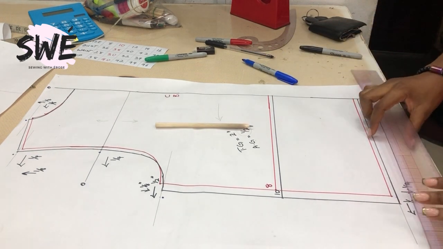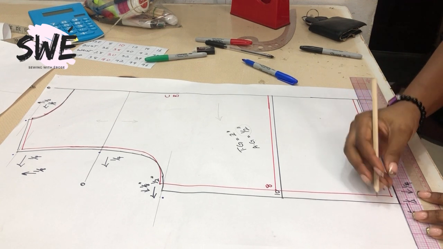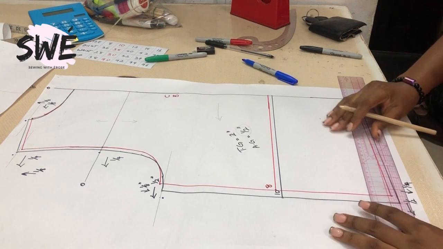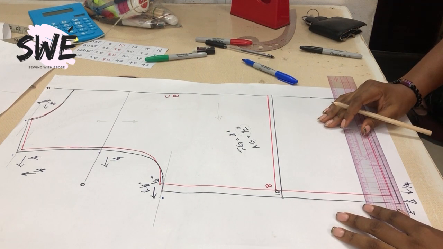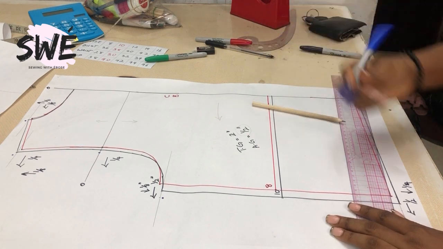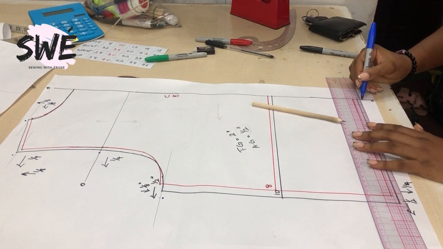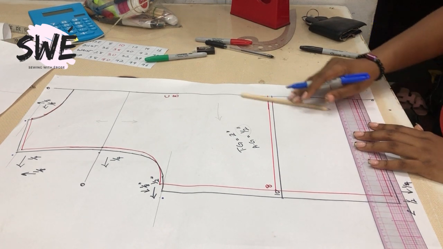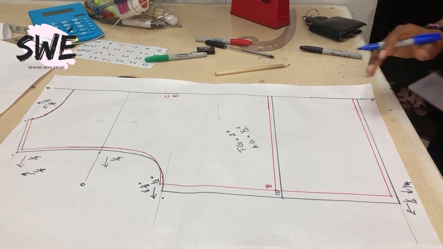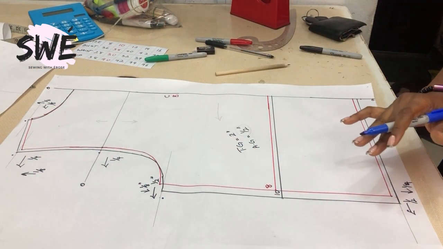So down here now, we'll go out ½ inch, and then we come down a ½ inch. Mark that blue. We'll come down here again a ½ inch. Mark that blue. So we've put in all our points for our size 12.